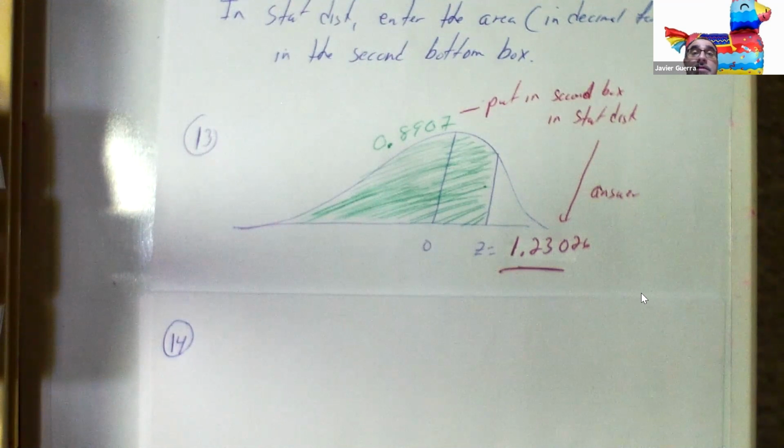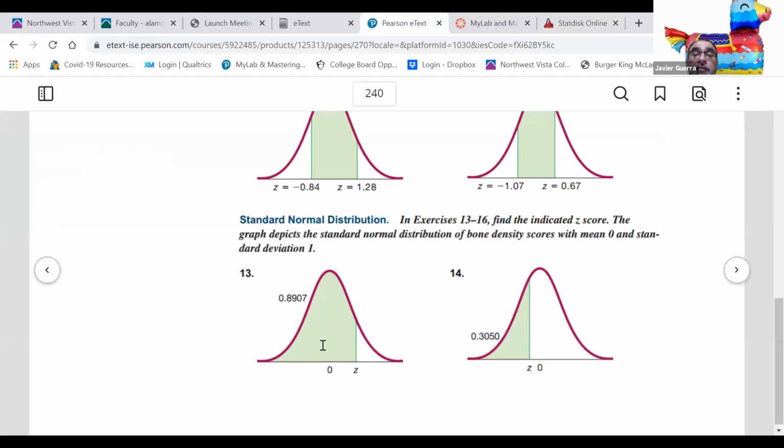Right, let's see. Where is it at? There it is. All right, 14. Notice on 14, again, the graph has already been drawn for you, and the left side is colored in. So all you have to do is enter that 4-digit number, because it's already been shaded for you.